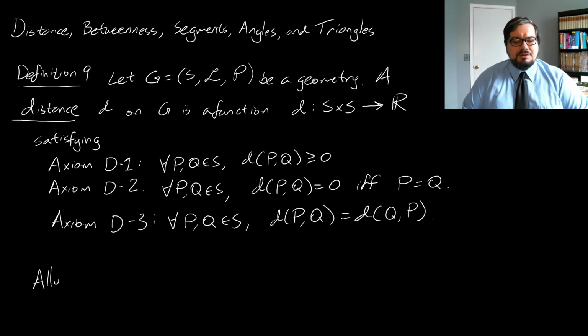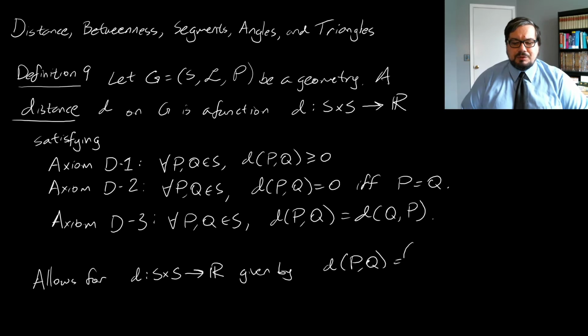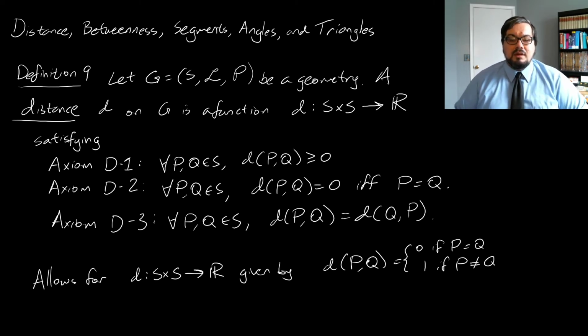So this allows for a distance function that goes from S cross S to R, given by the distance from P to Q is equal to 0 if P equals Q, and 1 if P does not equal Q. So this is a distance on a geometry which says that the distance between any 2 points is 1 if there are 2 different points.